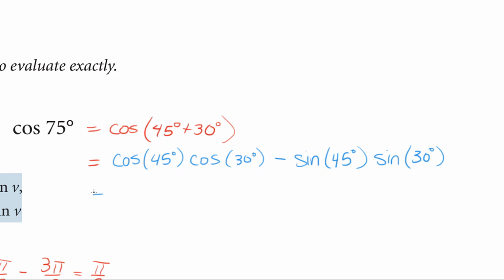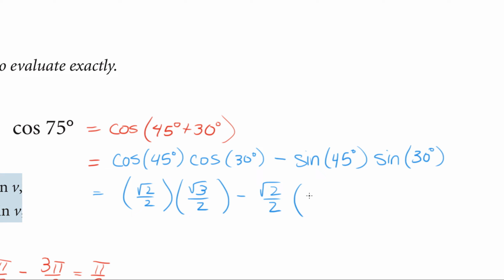Now, what is the cosine of 45? Well, square root of 2 over 2. Cosine of 30 is the same thing as cosine of pi over 6, which is the same thing as square root of 3 over 2. Minus sine of 45, square root of 2 over 2.